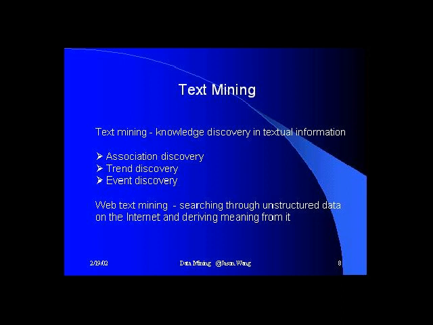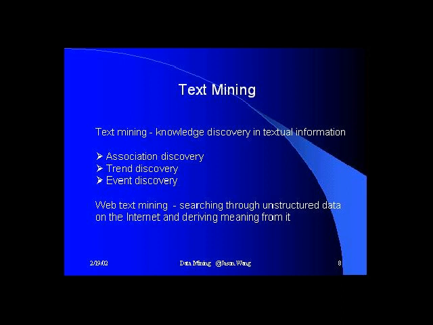We try to find correlations or associations among keywords in a set of documents. In the next part 3, we will focus on trend discovery and event discovery. These terms are very new to us, but once you look at the algorithms, you see that they are actually based on previous techniques. It's not that difficult.